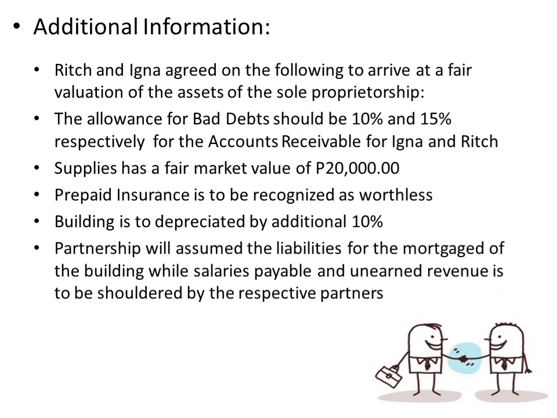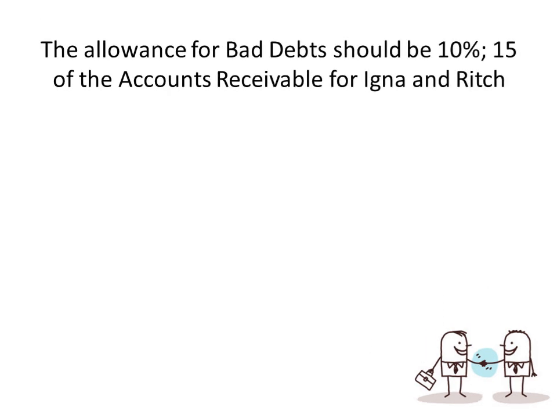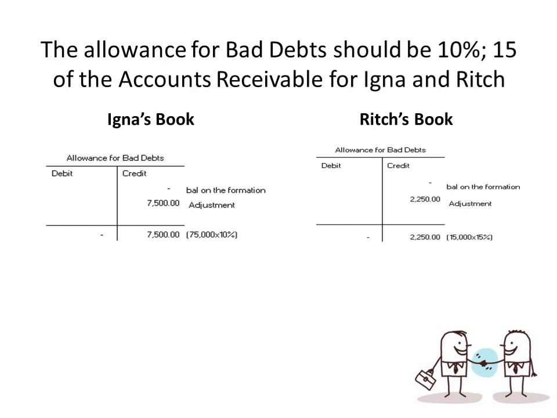Next, the partnership will assume the liability for the mortgage of the building, while salaries payable and unearned revenue are to be shouldered by the respective partners. So, allowance for bad debts should be 10% and 15% of the accounts receivable for Igna and Rich. Allowance for doubtful accounts, take note, both have a zero beginning balance.